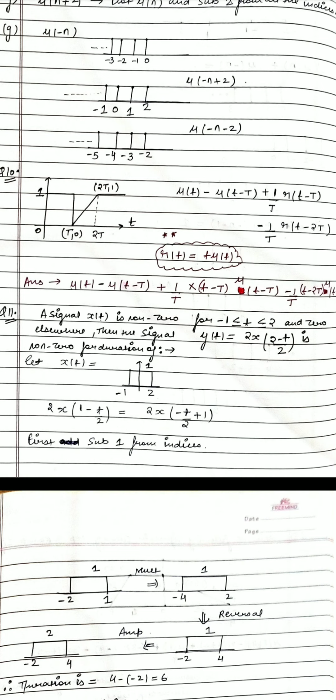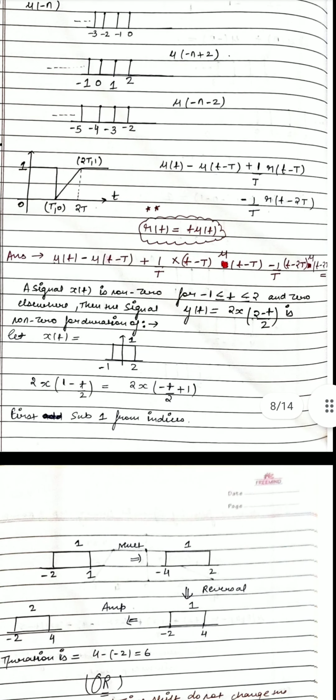As we know that r of t is equal to t times u of t. So how can we write this expression? Same as u of t minus u of t minus T, plus 1 by T into t minus T u of t minus T, minus 1 by T t minus 2T u of t minus 2T. Use this relation.